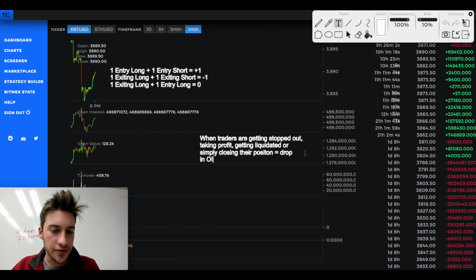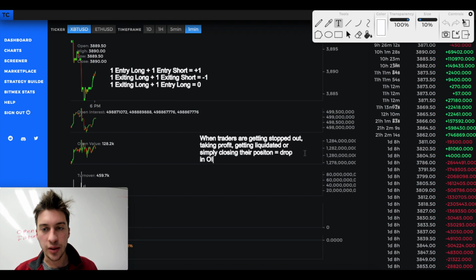And if we see a lot of traders getting liquidated, taking profit, and getting stopped out, then that's where we expect the price would likely reverse, because price likes to go to liquidity pools, price likes to go to a price point, liquidate a lot of traders and stop out a lot of traders, then reverse.